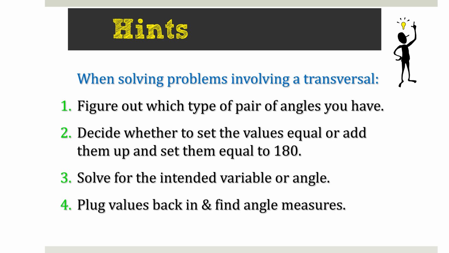They could be the 5 that we did a couple days ago. It could be the 5 that we did today. Then decide if you're going to set them equal to each other or add them up and set them equal to 180. In other words, are they equal or are they supplementary? Solve the equation. And then make sure, step 4, you plug it back in and answer the question.